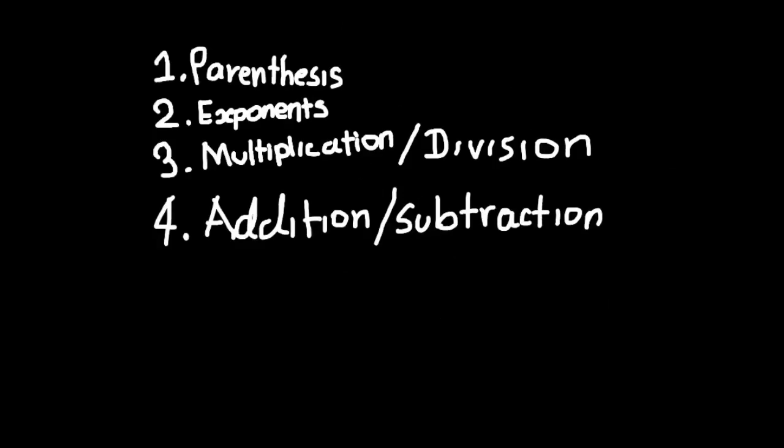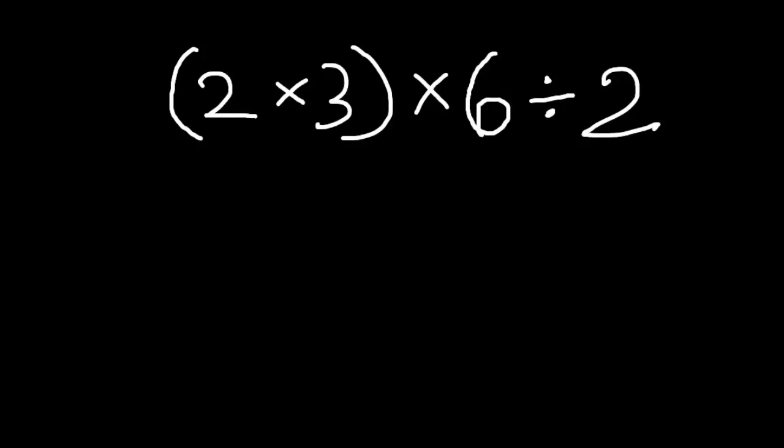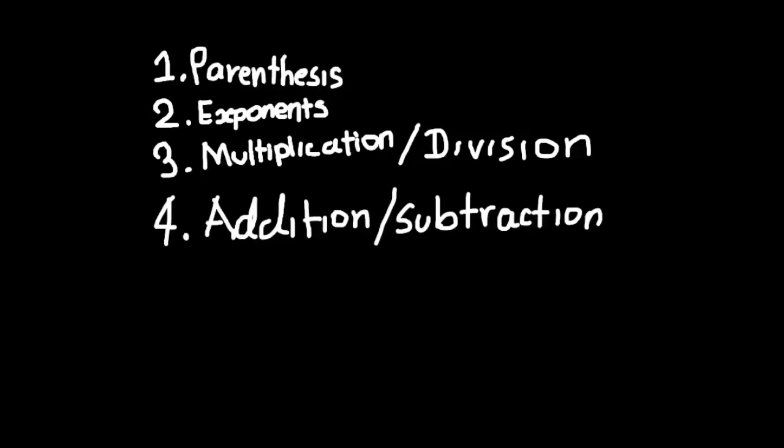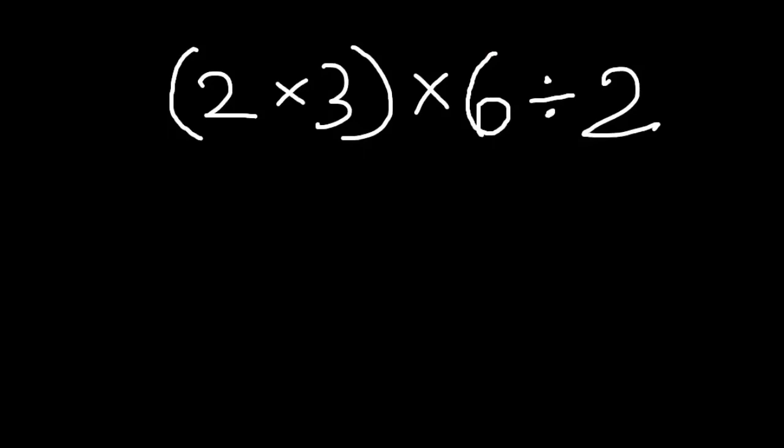Alright, so let's just try out some equations, expressions, whatever. What if you had something like this? 2 times 3 in parentheses times 6 divided by 2. Well, first on our list, we got parentheses. Ching. So let's check for parentheses anywhere here.